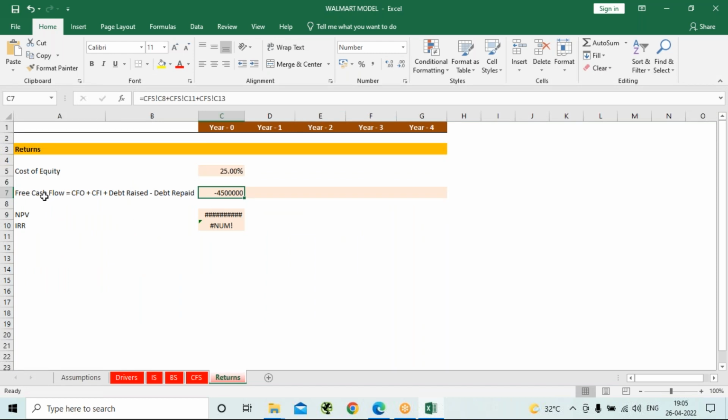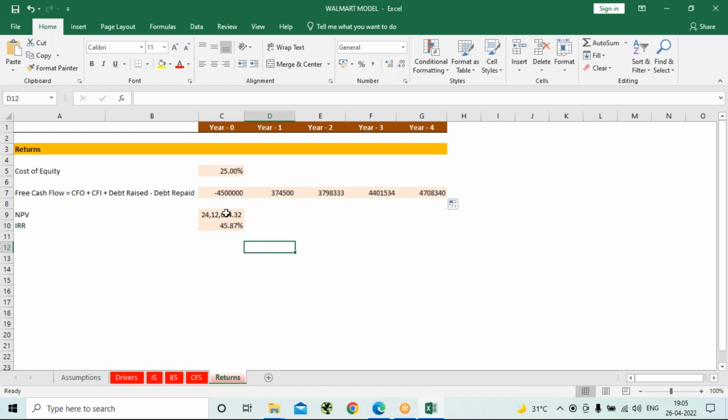So this is the formula we are going to use to calculate free cash flow values. And if I drag this, I'll be able to get the calculated value based on the given details in the cash flow statement.